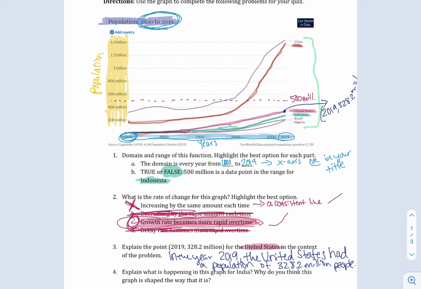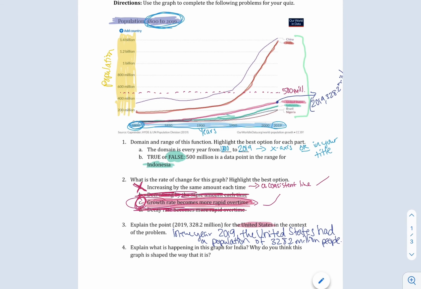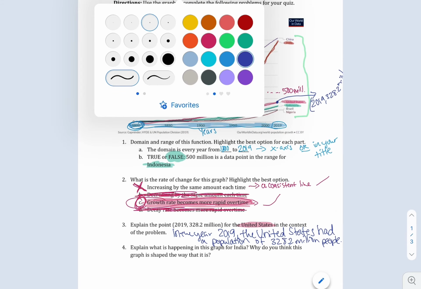All right, and then finally explain what is happening in this graph for India. All right, so there's a lot of different answers you can have here. The key here is that the graph is increasing exponentially, or the growth rate becomes more rapid over time. So that's going to be in relation to our rate of change.